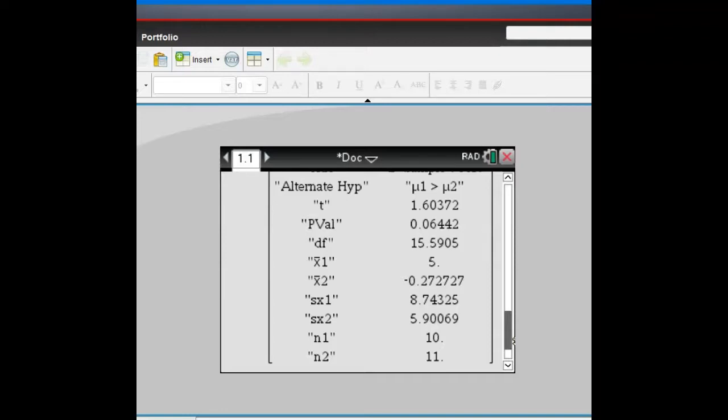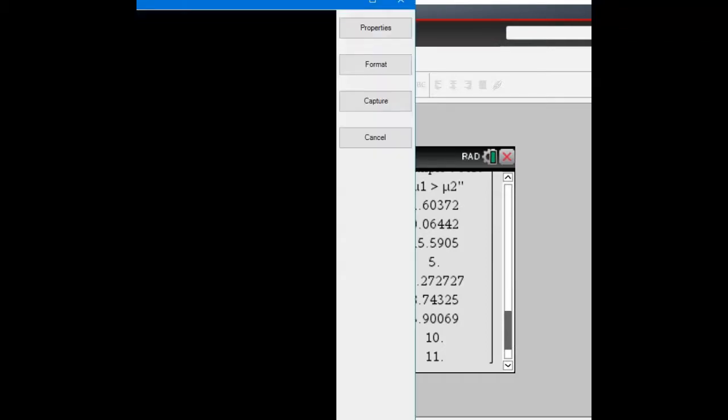You need to write down your degrees of freedom that it used, which was 15.59, and you need the p-value from this. So this is the information that you need to write down. So our p-value is 0.0644. Alright, I'm going to take you back over to the camera so I can finish out this problem.